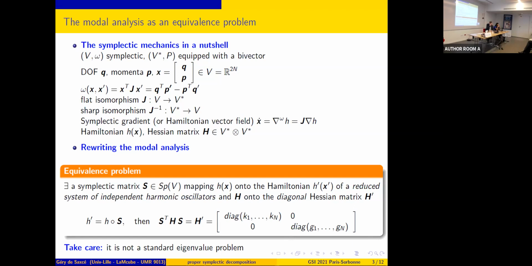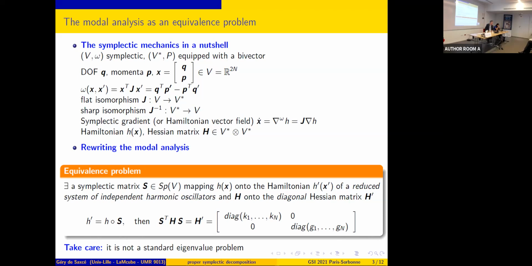The symplectic gradient or Hamiltonian vector field, constructed from the derivative of the function h and the symplectic form, restitutes the equations of motion if h is the Hamiltonian of the system. We denote H the Hessian matrix, a two covariant tensor living in V star times V star.